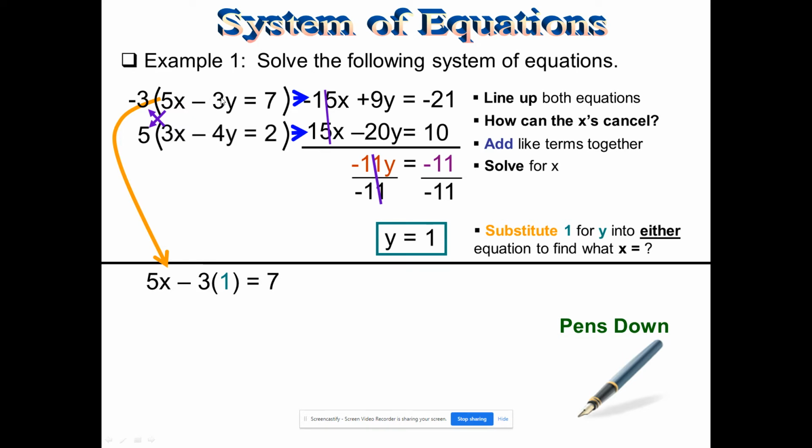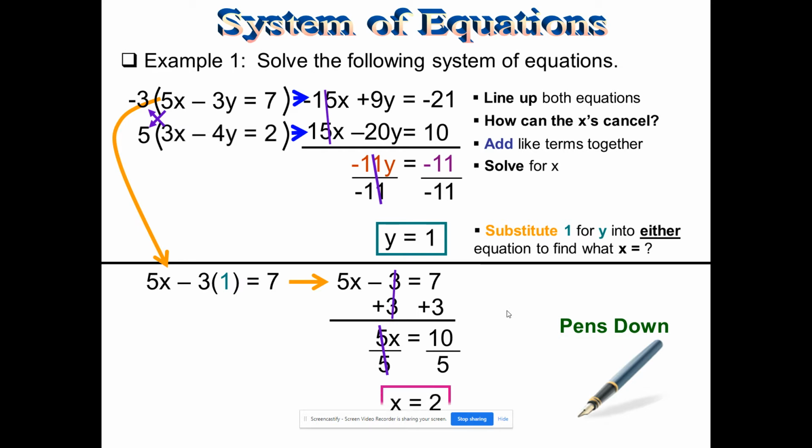So I'm choosing the top one here, and I substitute 1 in where y is. So I get 5x minus 3 equals 7. Let's bring the 3 over by adding 3 to both sides. Divide both sides by 5. And I end up with x equals 2.